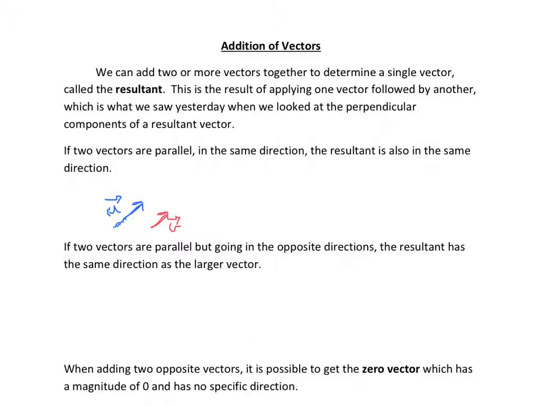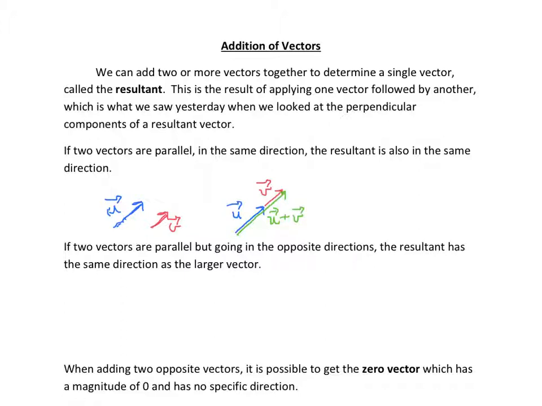Then, of course, when I add those together, so if I apply vector u first, followed by vector v, then the resultant vector will be in the same direction as the two component vectors. So this would be vector u plus v over here.